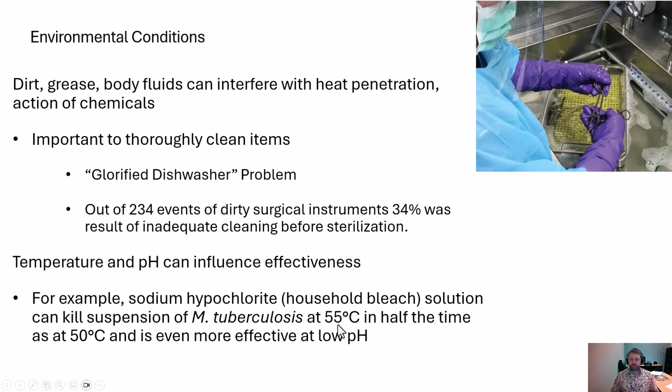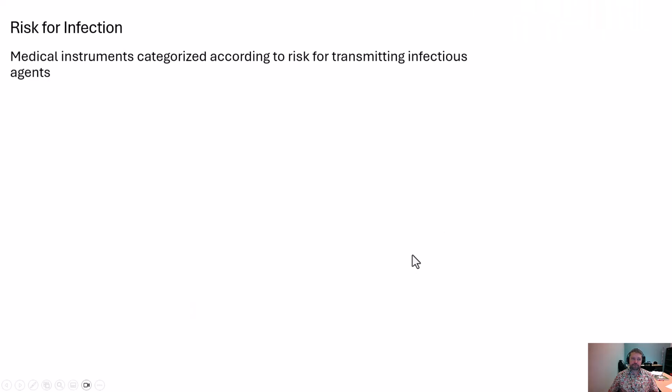So at 55 degrees Celsius, the D time is half of what it would be at 50 degrees Celsius. And so you add the effect of potentially pH in there, and you have a whole bunch of things that can determine the rate or the D value that you're going to get from these different solutions.